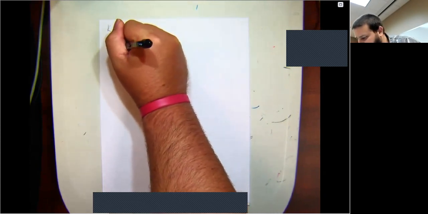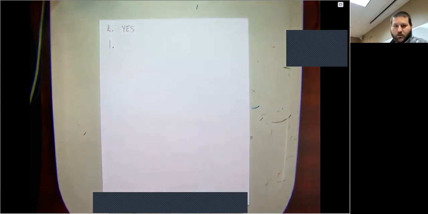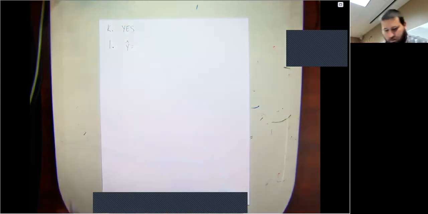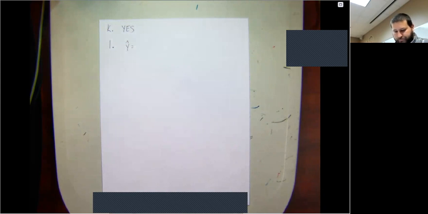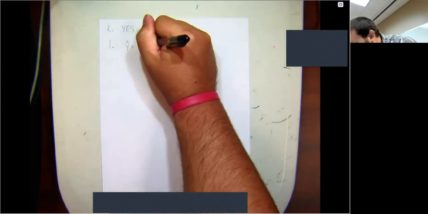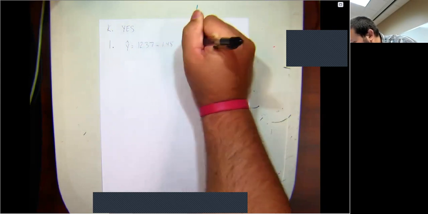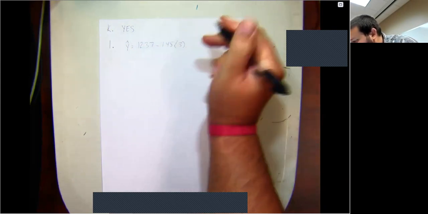L, if Patricia had 3 risk factors, what would you predict her achievement score to be? So this is for Patricia. We use our regression equation back in letter H. That was 12.37 minus 1.45x, but here Patricia's x is 3.